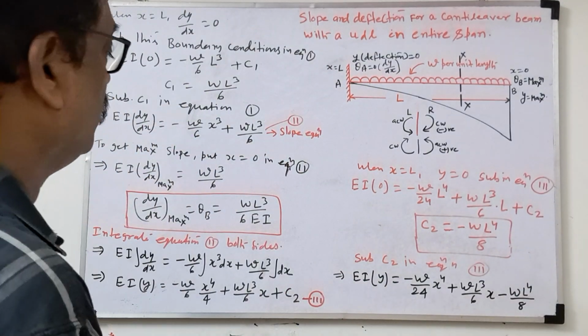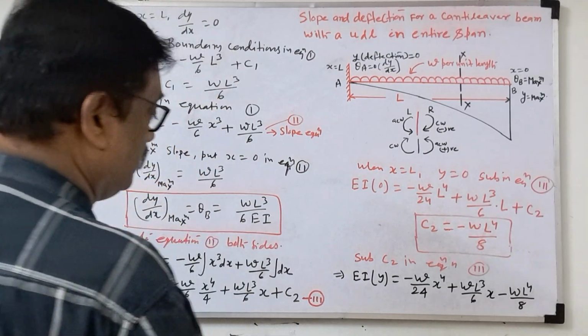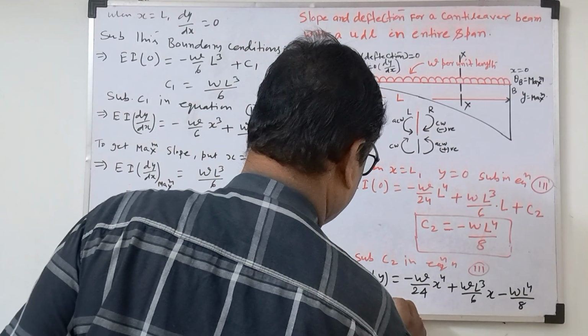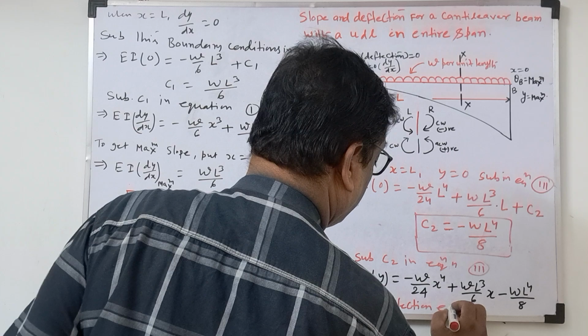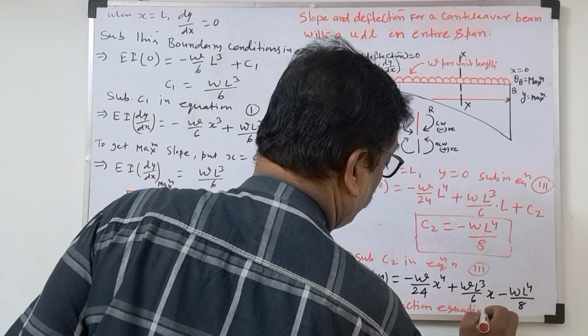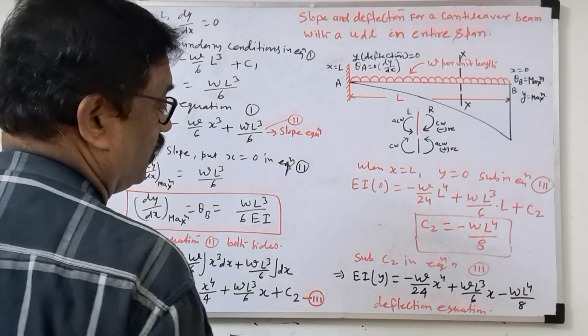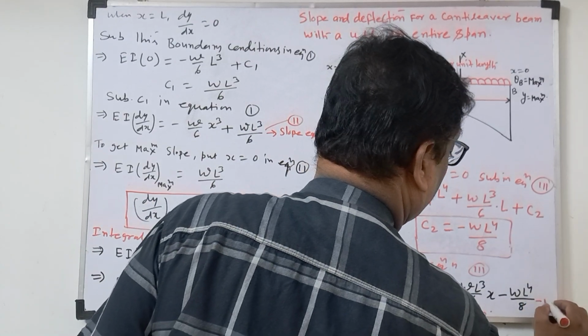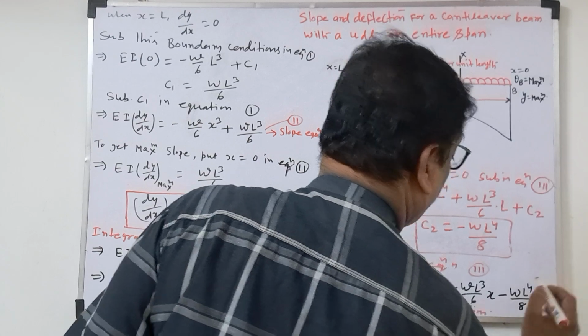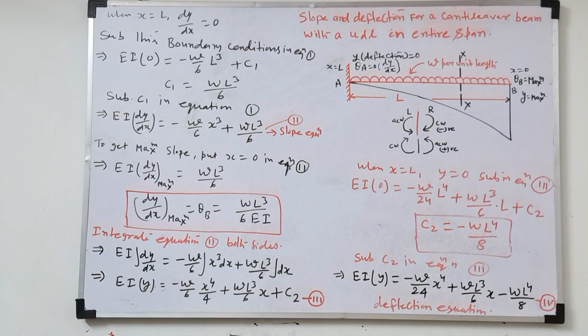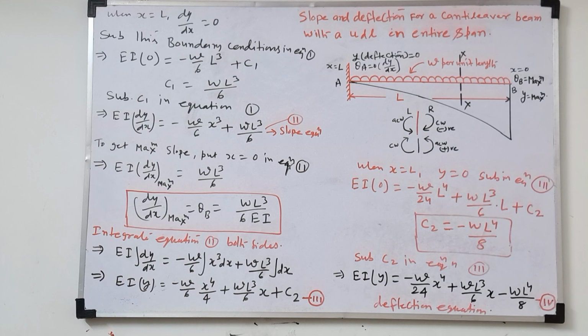This we got the deflection equation, equation number 4. Y equals minus W x power 4 by 24 plus W L cube x by 6 minus W L power 4 by 8.